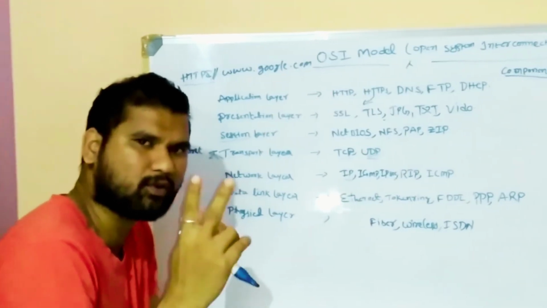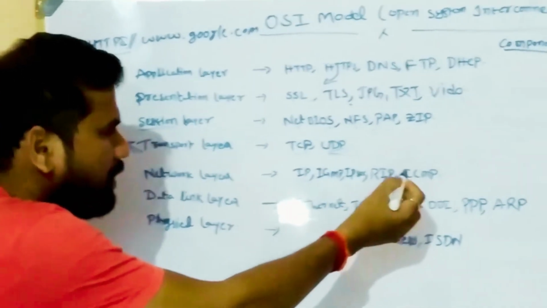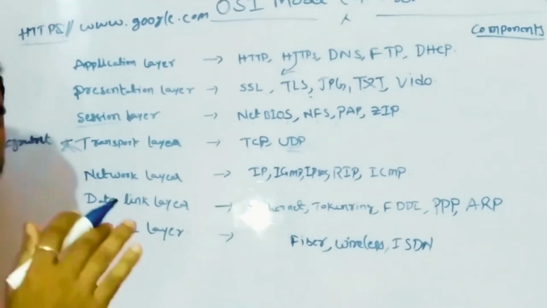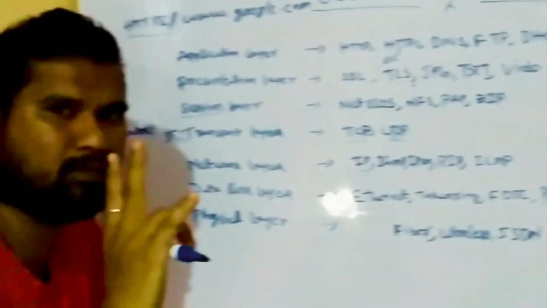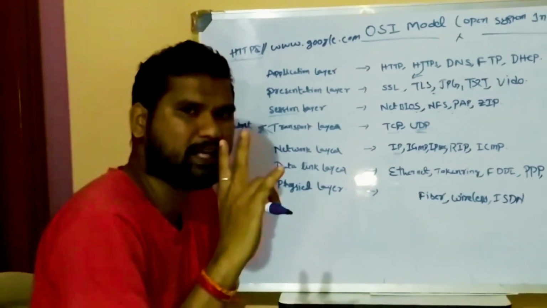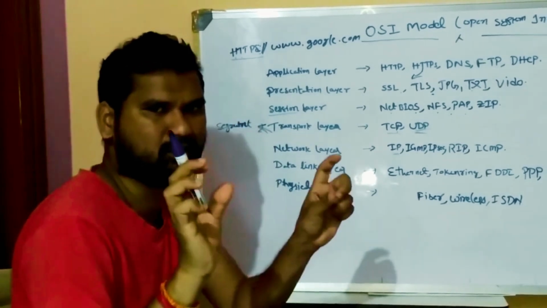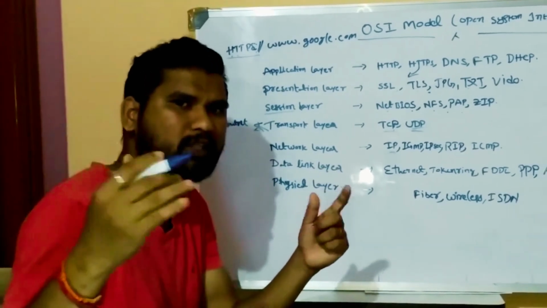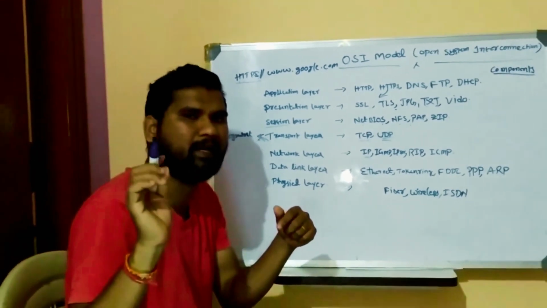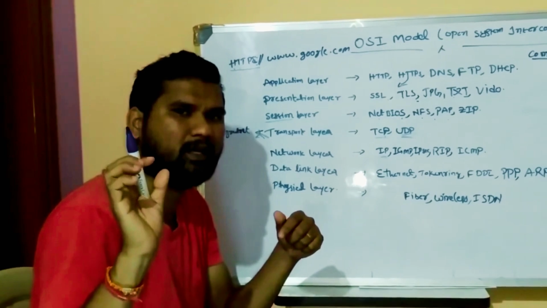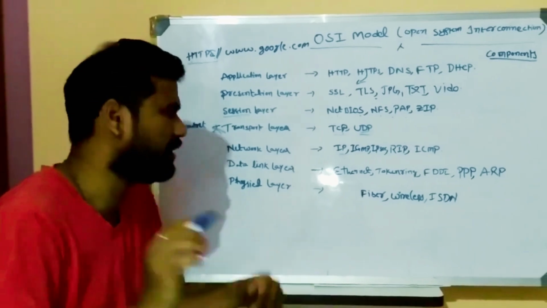Coming to RIP and OSPF, these are routing protocols. There are static routing and dynamic routing. Static routing means one-to-one connections only. If there are more routers, we can use OSPF, RIP, IS-IS, EIGRP, and IGRP.